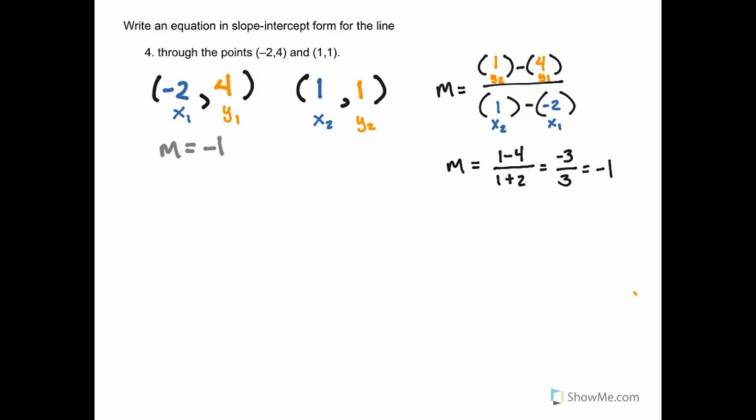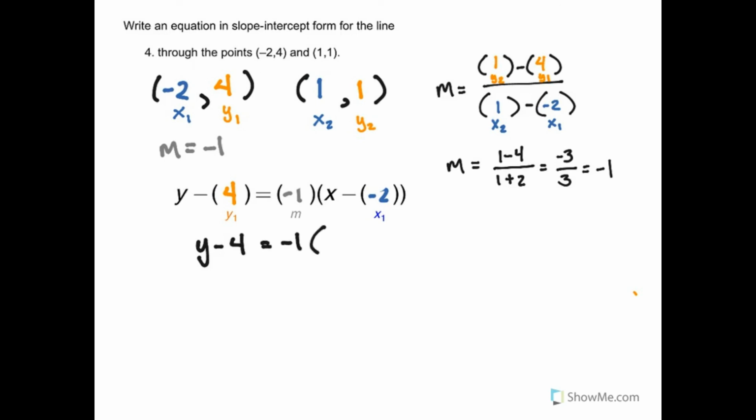Now I can use point-slope form. And even though point-slope form says x1 and y1, I can choose either point, and I'll get the same answer in slope-intercept form either way. So m is -1, x1 is -2, and y1 is 4. Now I can simplify. Y minus 4 equals -1 times x plus 2.